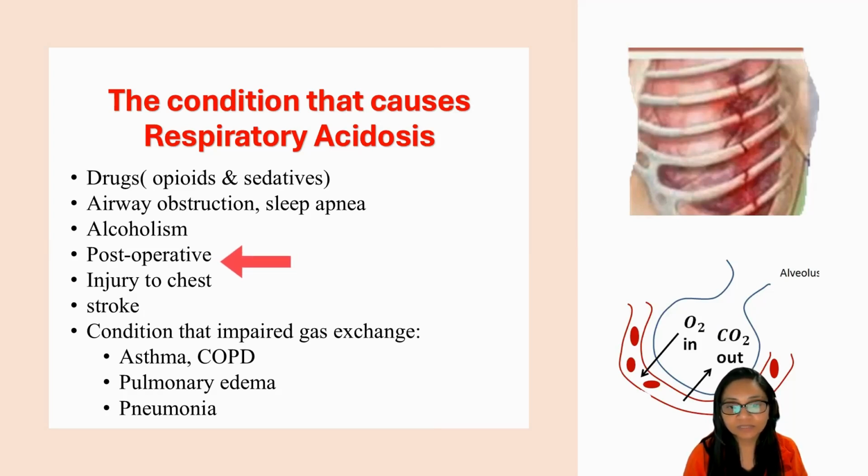The shallow breathing will lead to retaining of carbon dioxide. Any injury to the chest, or if the patient is having a stroke. Also, disease conditions in which there is impaired gas exchange, such as asthma, COPD, pulmonary edema, and pneumonia. There are chances that the patient will develop respiratory acidosis.